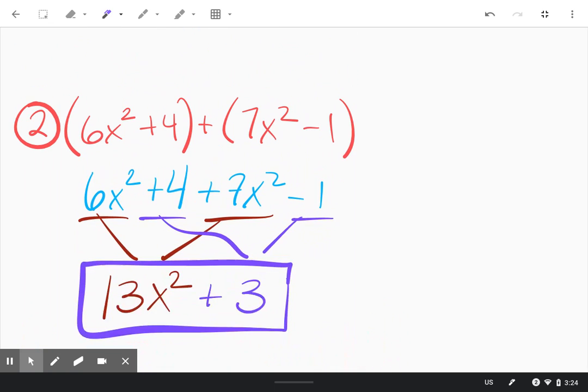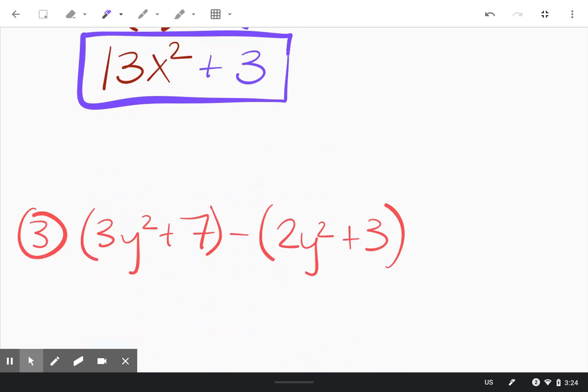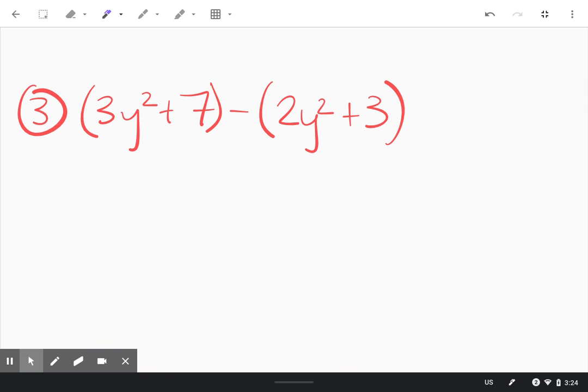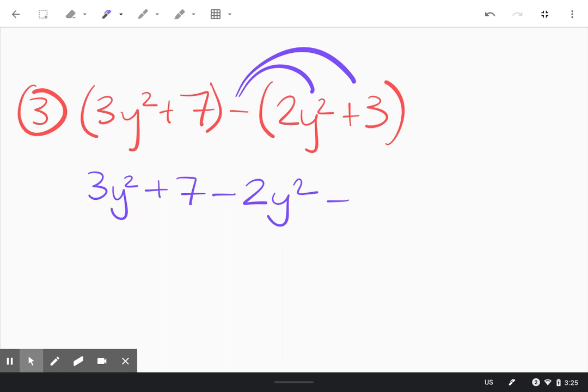Now, those are pretty straightforward when you're just adding. When you do subtraction, there's a little bit of an extra thing you need to do, which is to realize that this entire parentheses is being subtracted. So I'm subtracting both of these terms. It means when I go to rewrite, I want to do it this way. Again, the first term stays the same, but then I'm going to do minus 2y squared and minus 3.